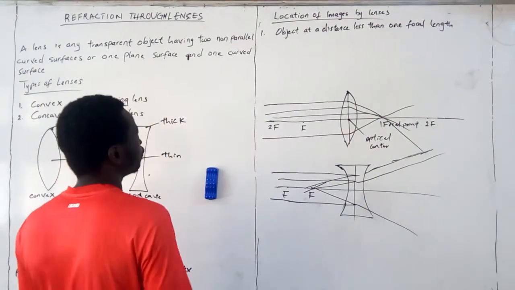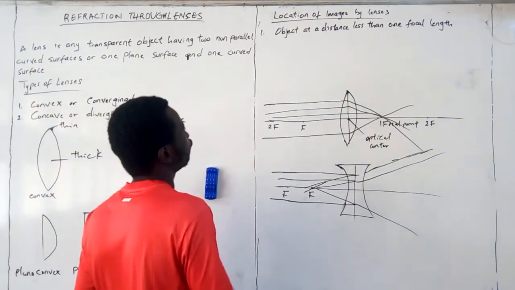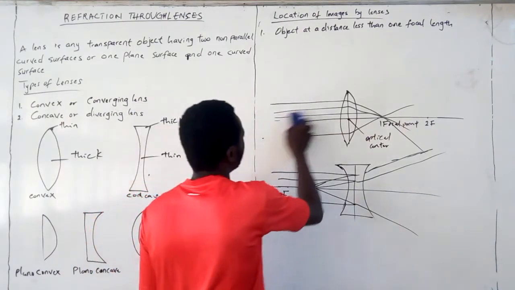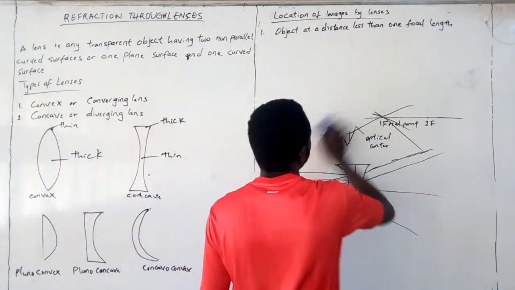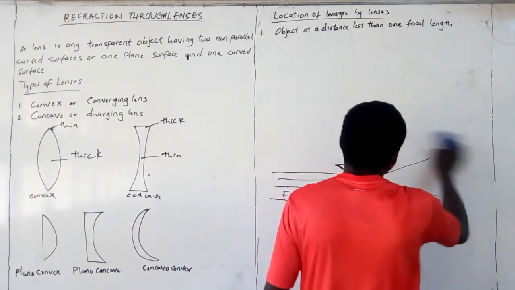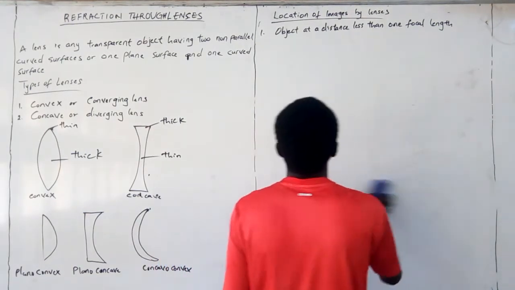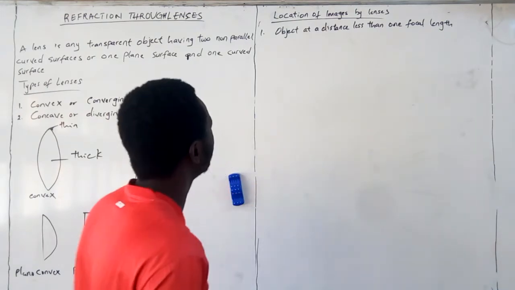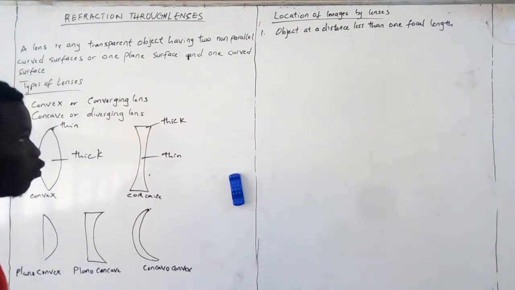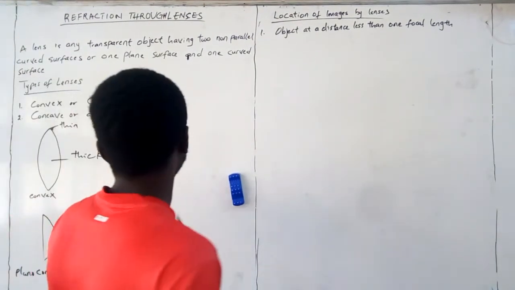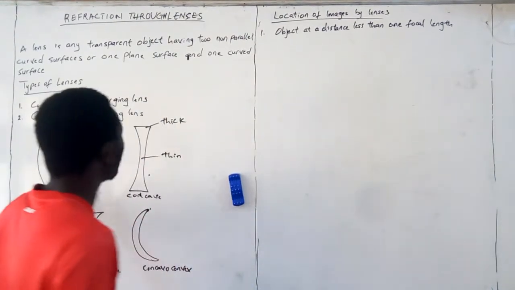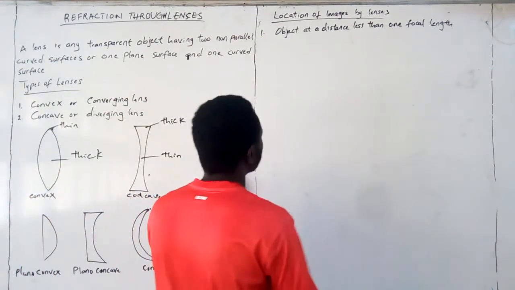Next, we are going to look at the location of images at different positions of an object. Now the first is object at a distance less than one focal length. So we'll start with the converging lens, that's the convex lens.